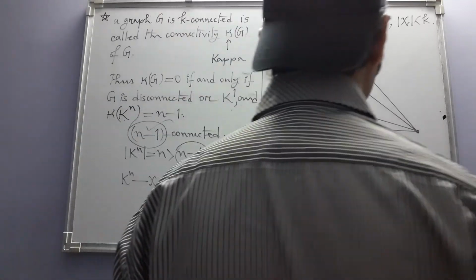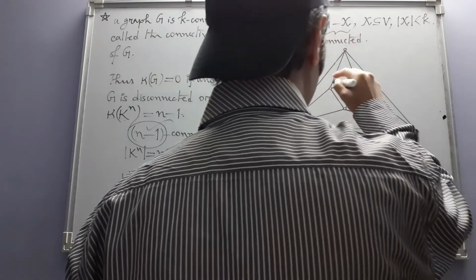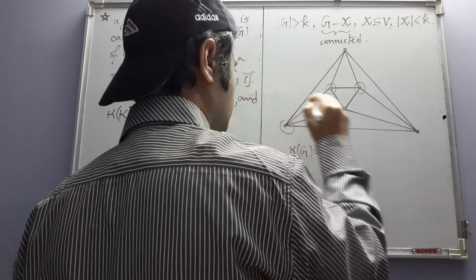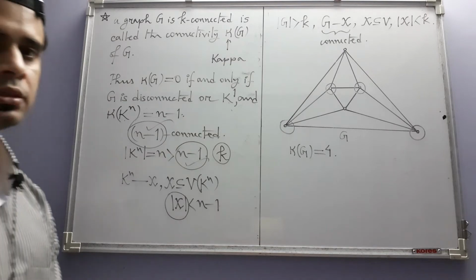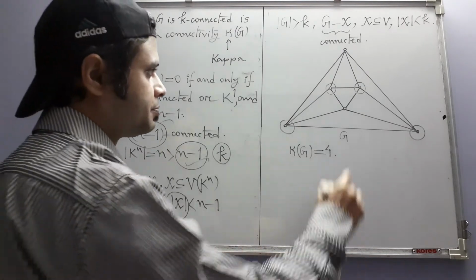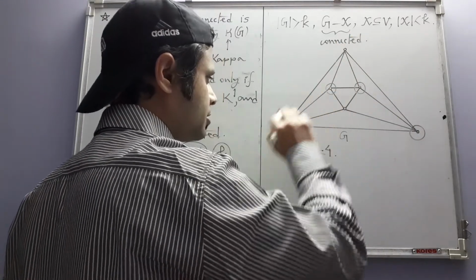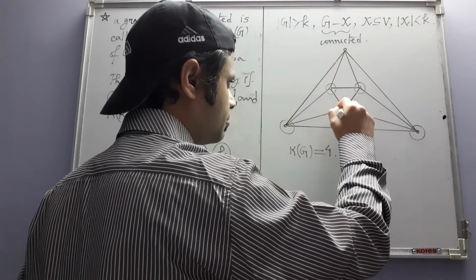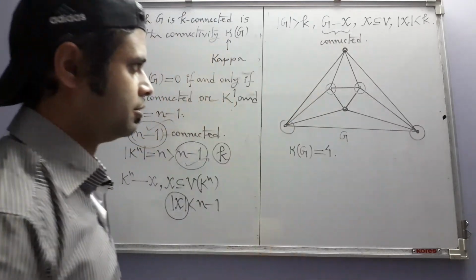And these are, if you remove these 4 vertices, there are others of course, other sets of 4 vertices, then that set consisting of these 4 vertices separates the graph because these 2 vertices are separated.